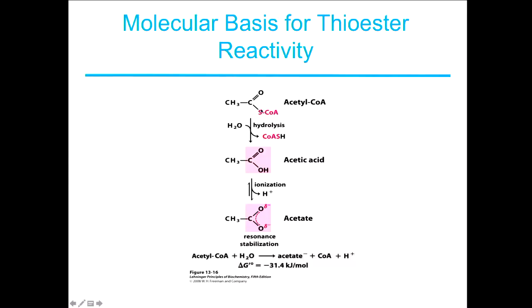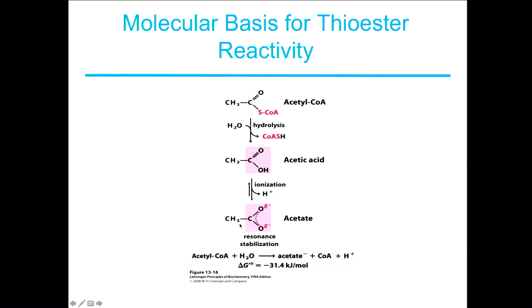And this is a cartoon of acetyl-CoA because this molecule is actually very big. But this is the acetyl-CoA, and you have 2 carbons, and this would be given off then as acetic acid, and you get ionization to get to acetate.